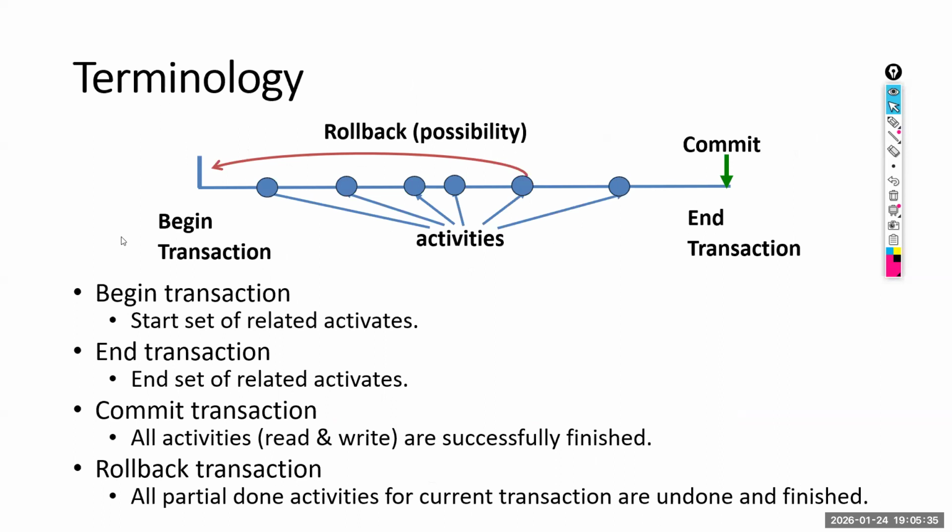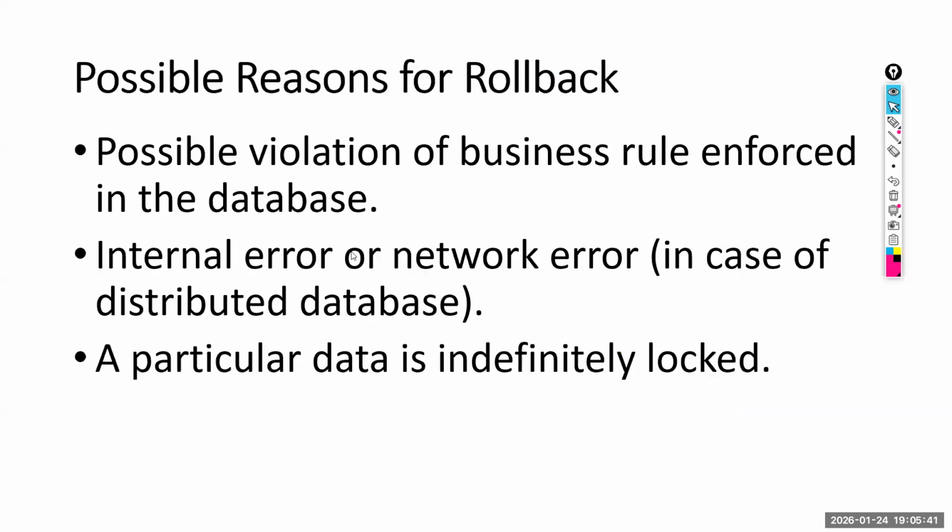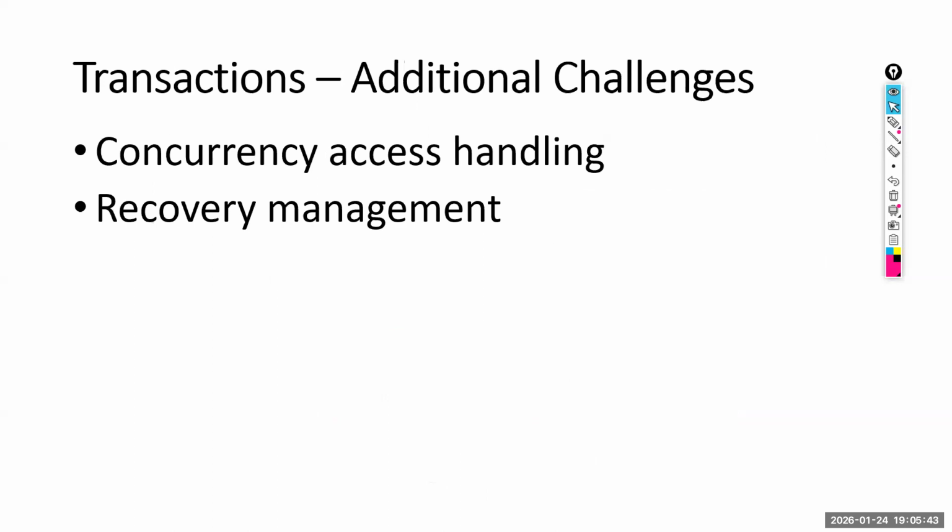Rollback means undo the previously done subtasks. Things become more complicated because of the concurrency and also recovery management. But recovery management is not in your syllabus, so we did not cover that, but just remember that it also makes things more complex.